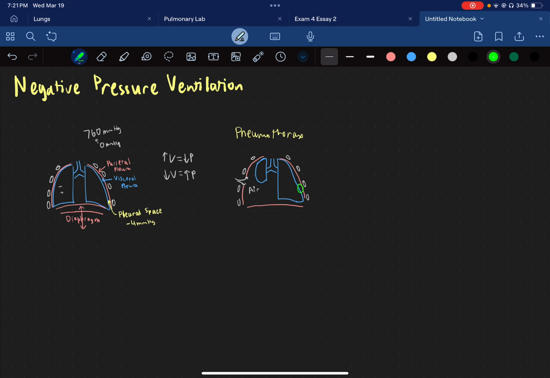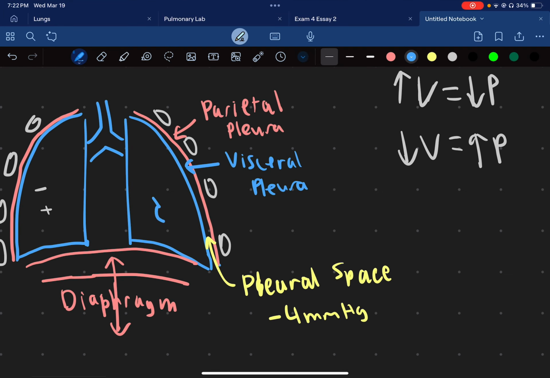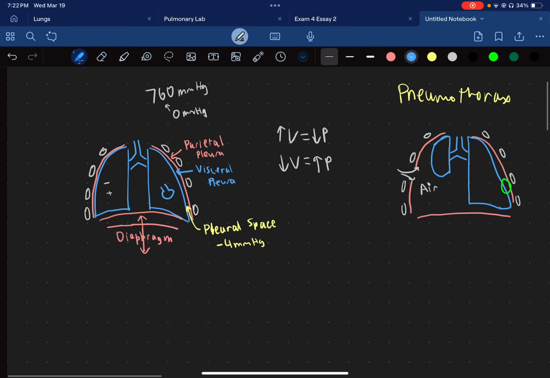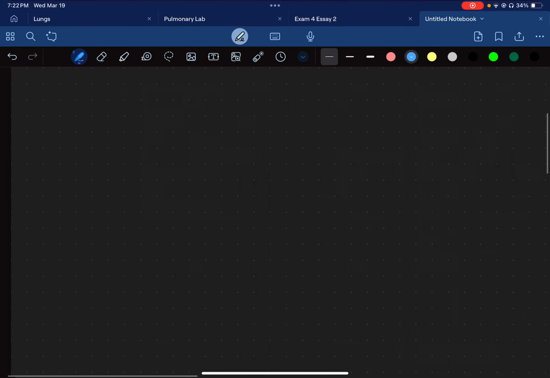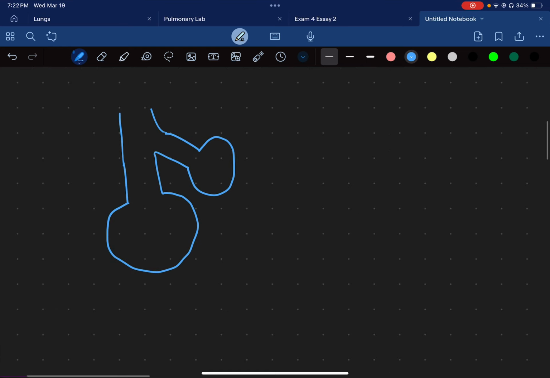Now, let's dive a little deeper into the alveoli. So each lung has a ton of alveoli. I'm just going to draw 2 here. And each of them are slightly different shapes and sizes, but they all kind of look like this. Anatomically correct, of course.